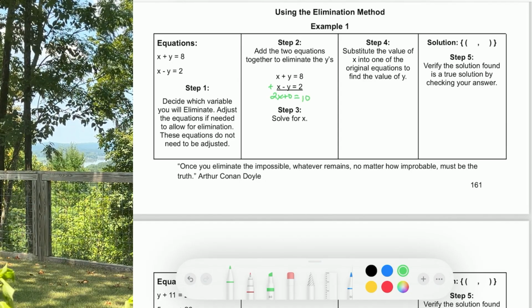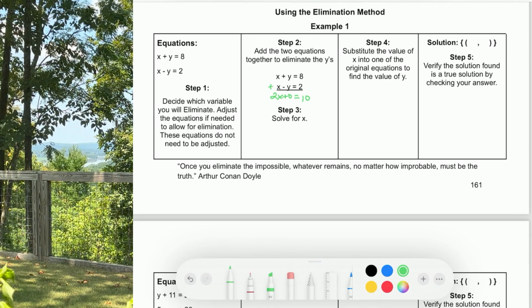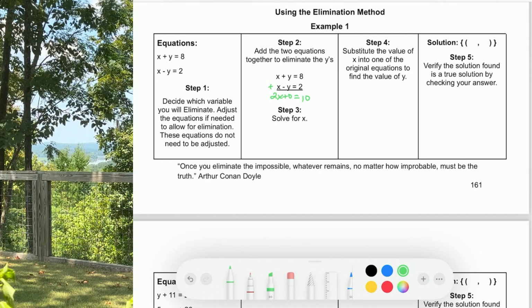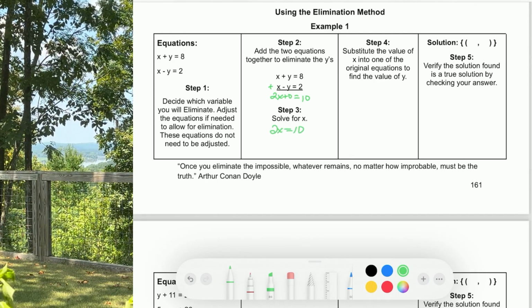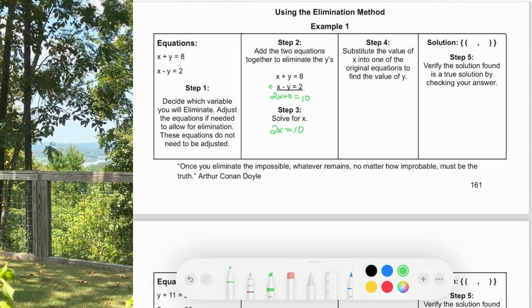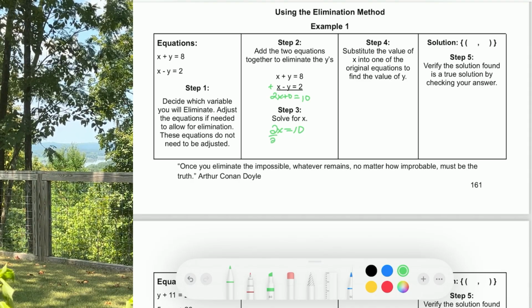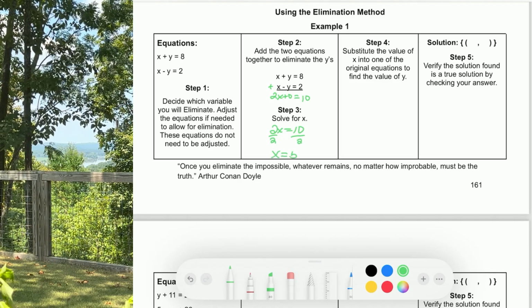Again, what we're doing is taking the two original equations and adding them together to cancel out those two y's. So I end up with 2x equals 10. I only have an x now. I don't have an x and a y, so I can actually solve for the value of x. I'm going to divide both sides by 2, and I get x equals 5.